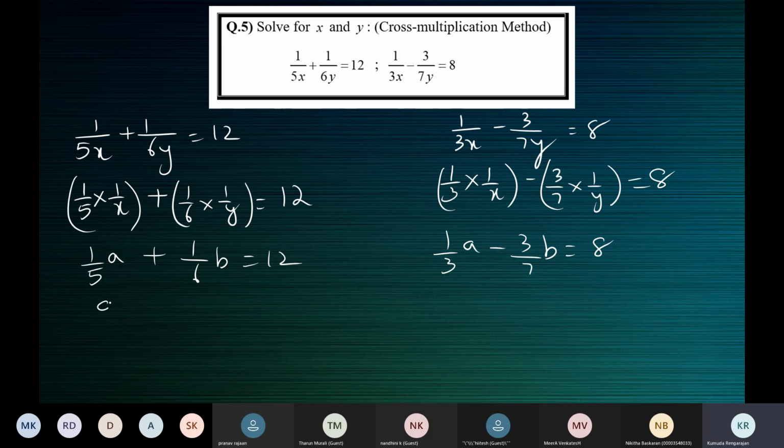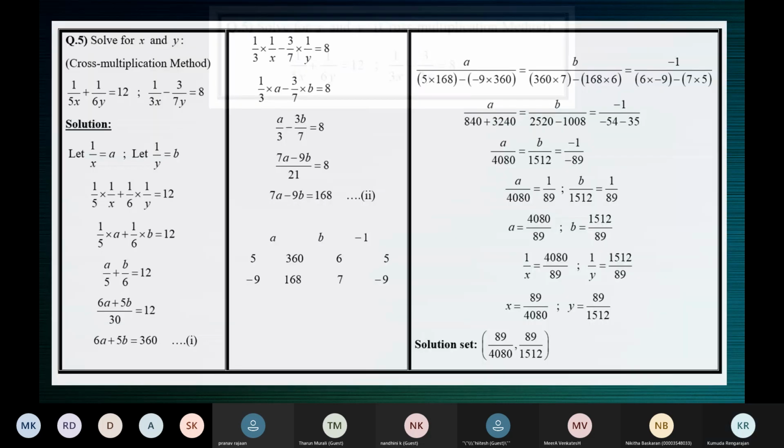So this is nothing but A by 5 plus B by 6 is equal to 12, and A by 3 minus 3B by 7 is equal to 8. Now we have numbers 5 and 6, 3 and 7 in the denominator. So take the LCM, cross multiply and bring the equations in the correct form, and then use the cross multiplication method.